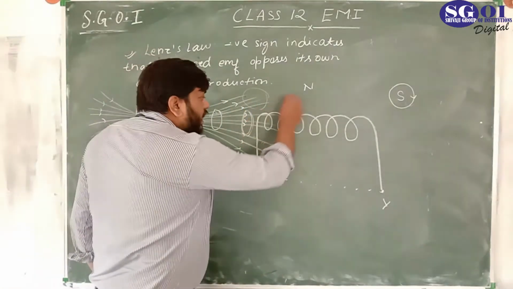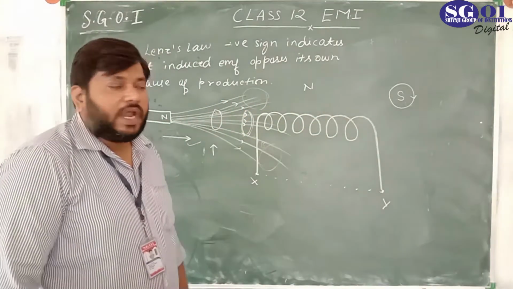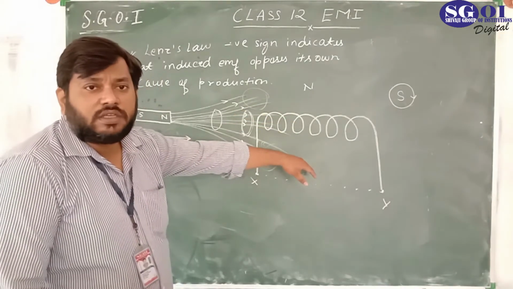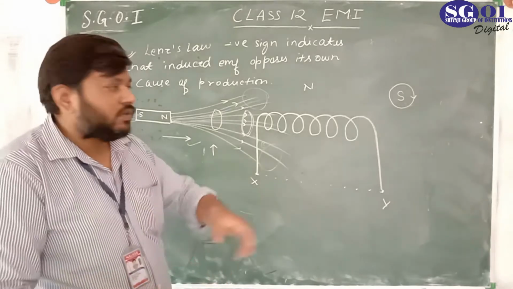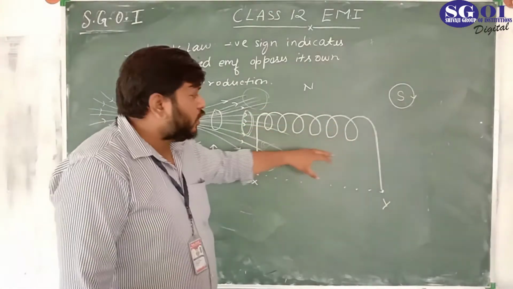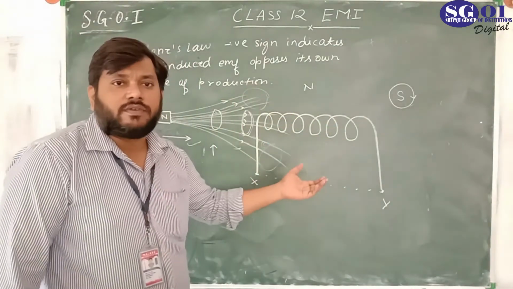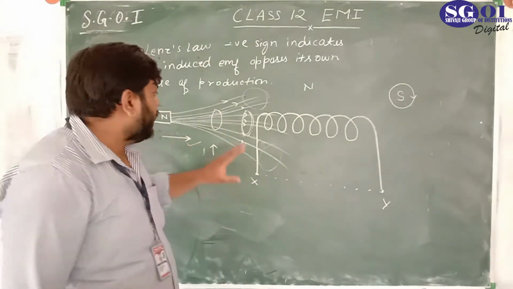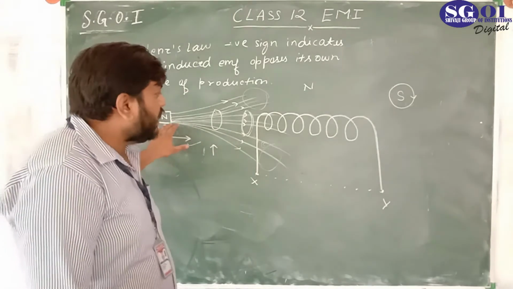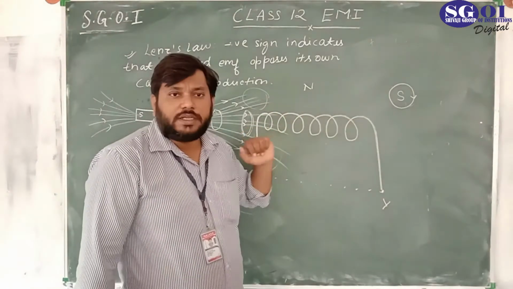The induced current would produce a magnetic field of itself. There would be two magnetic fields, one because of this bar magnet and second because of this induced current.